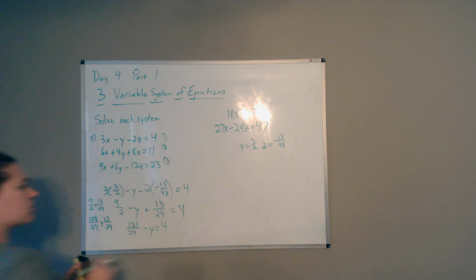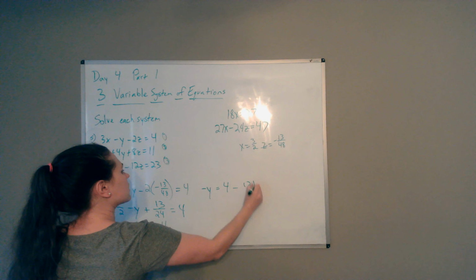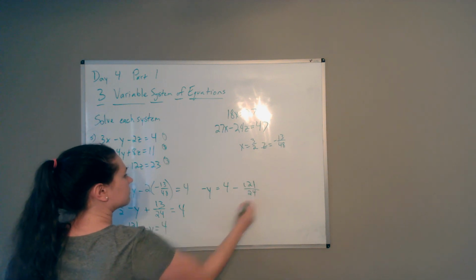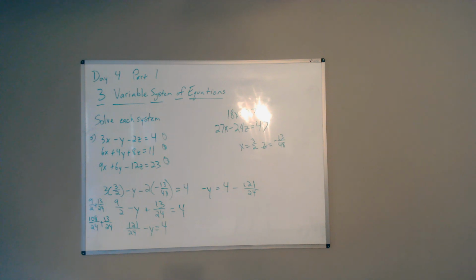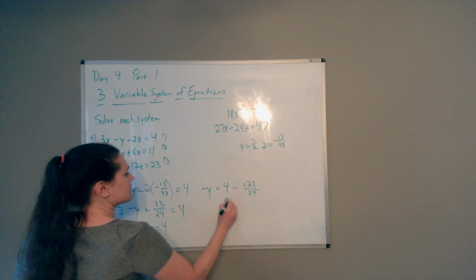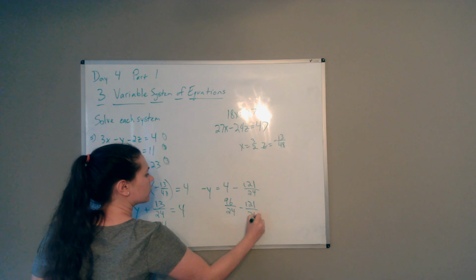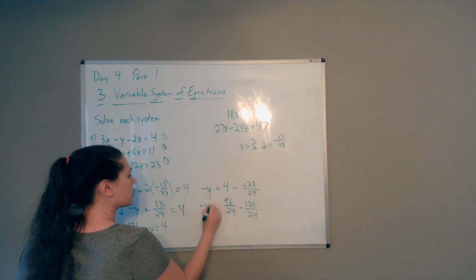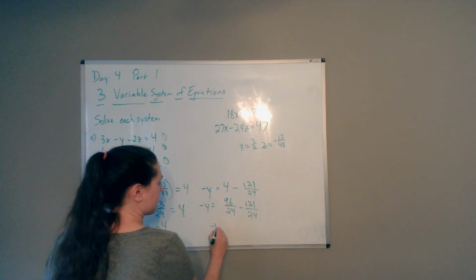And so now we have negative y equals 4 minus 121 over 24. So we need a common denominator. Common denominator is going to be 24. So this will be 96 over 24 minus 121 over 24. And 96 minus 121 is negative 25.